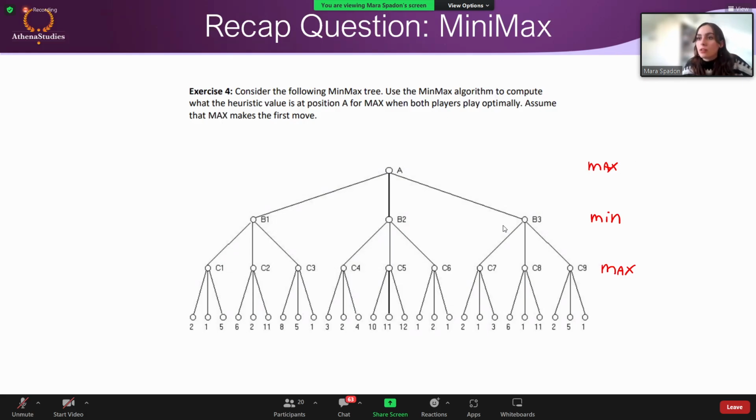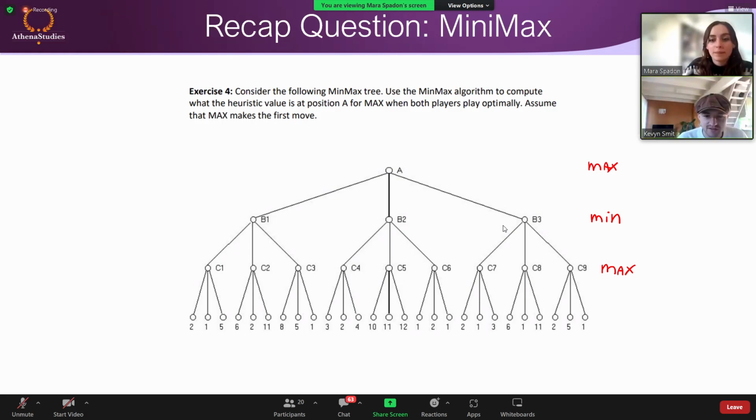So let me check. Maybe Kevin? Do you know what I have to fill in for this tree? With the minimax algorithm? Yeah, so for the second level, the C's, there you pick the highest one from the children. So for C1, that would be 5.